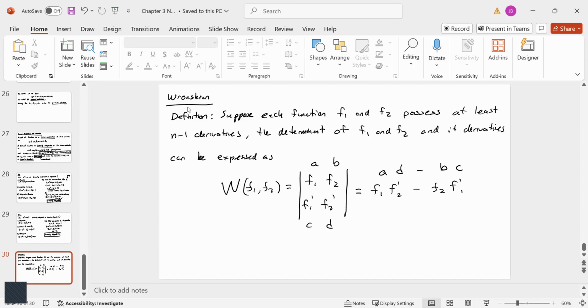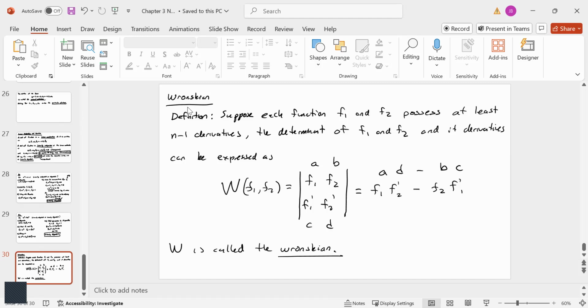You're just multiplying. And this is called the Wronskian.